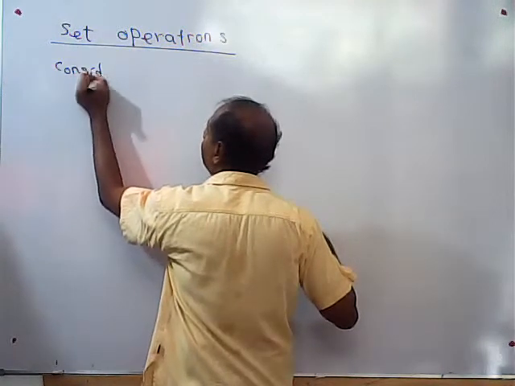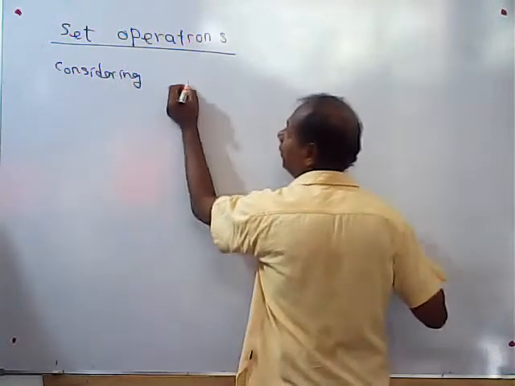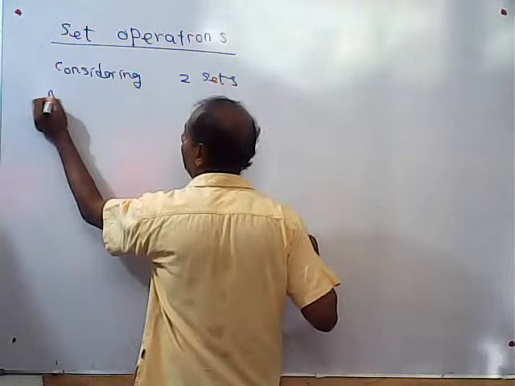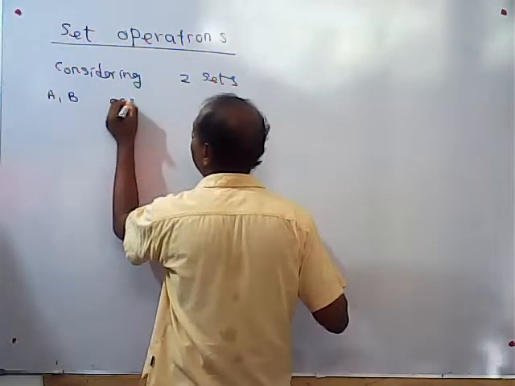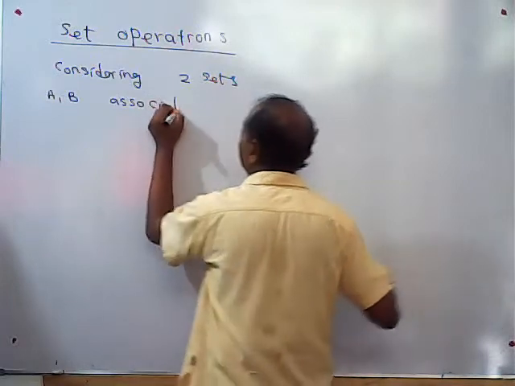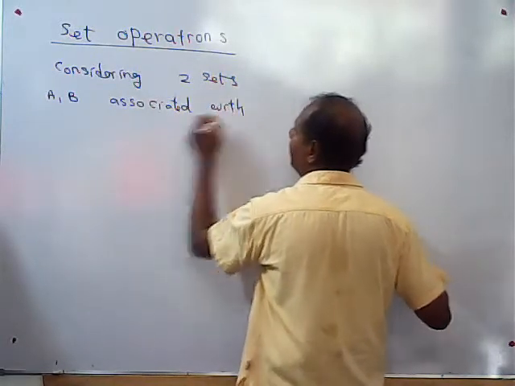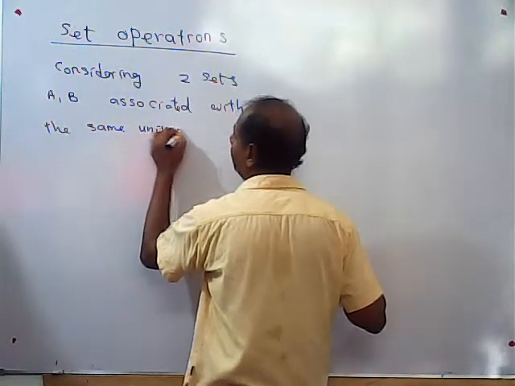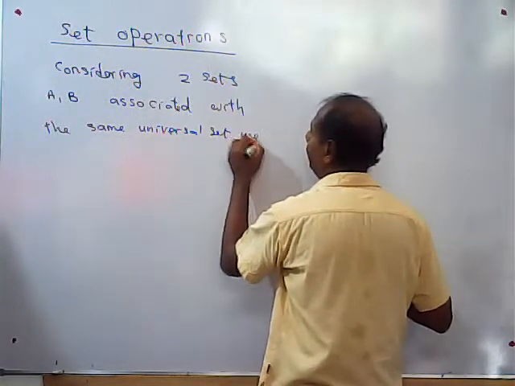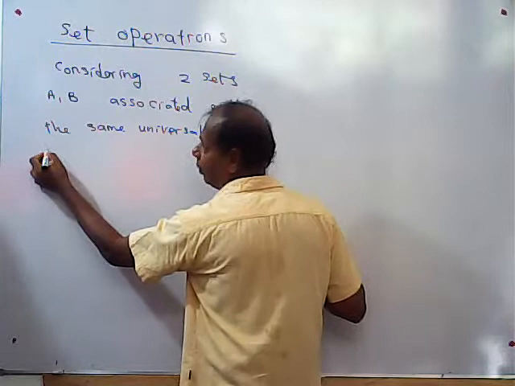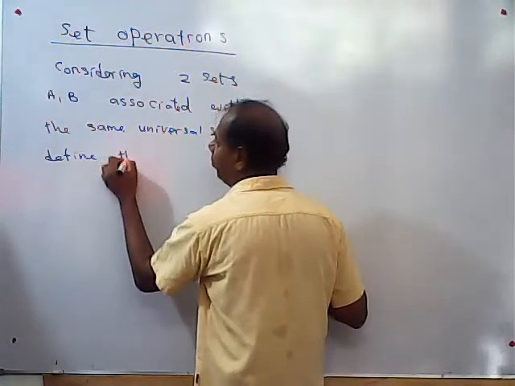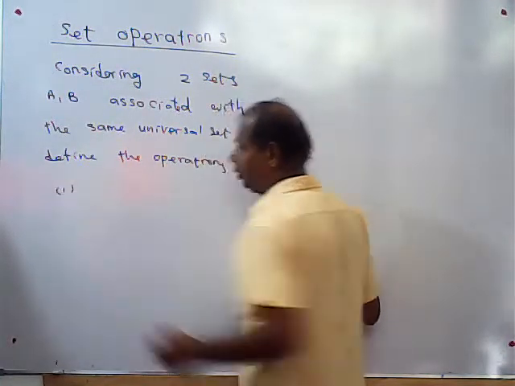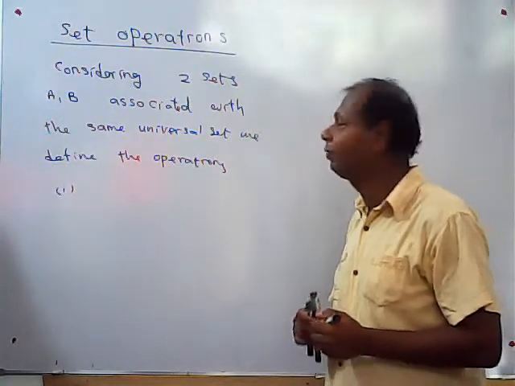Considering 2 sets, A, B, associated with the same universal set, we define the operations. These are the operations we are going to define on sets.